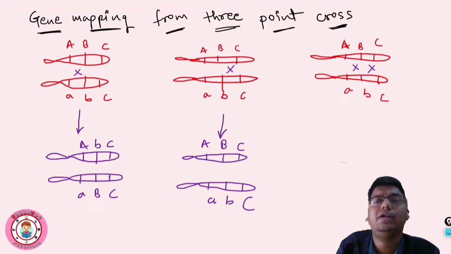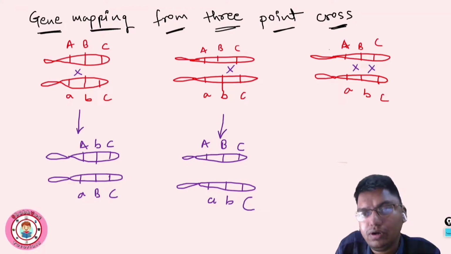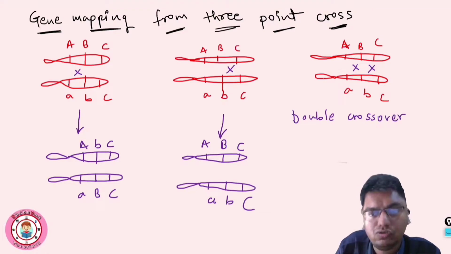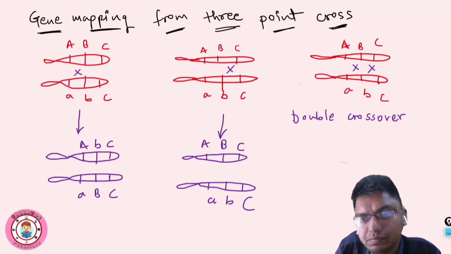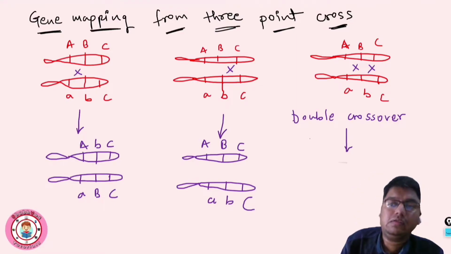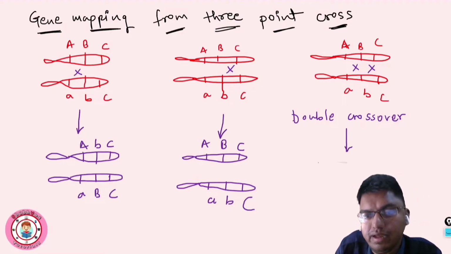Now in the last case, there is a cross between these two as well as these two. So this is called double crossover. So what we get after this? We get the middle one.